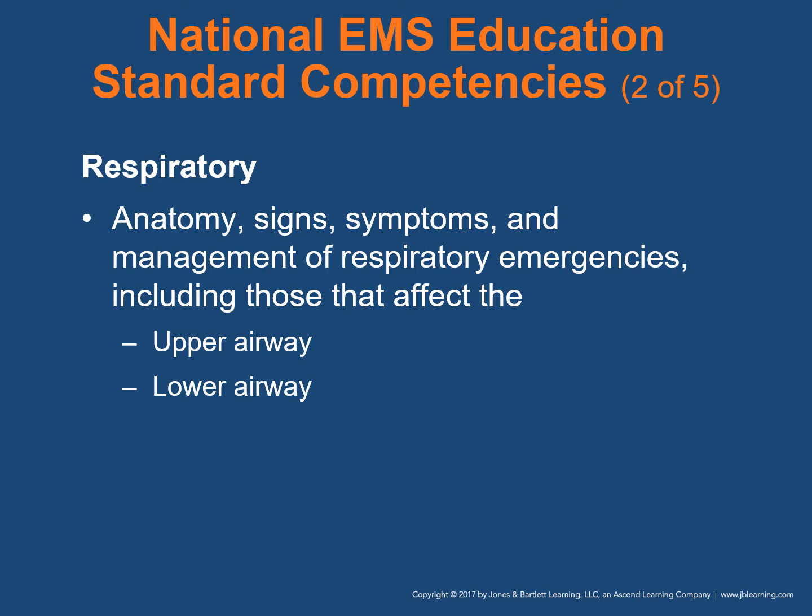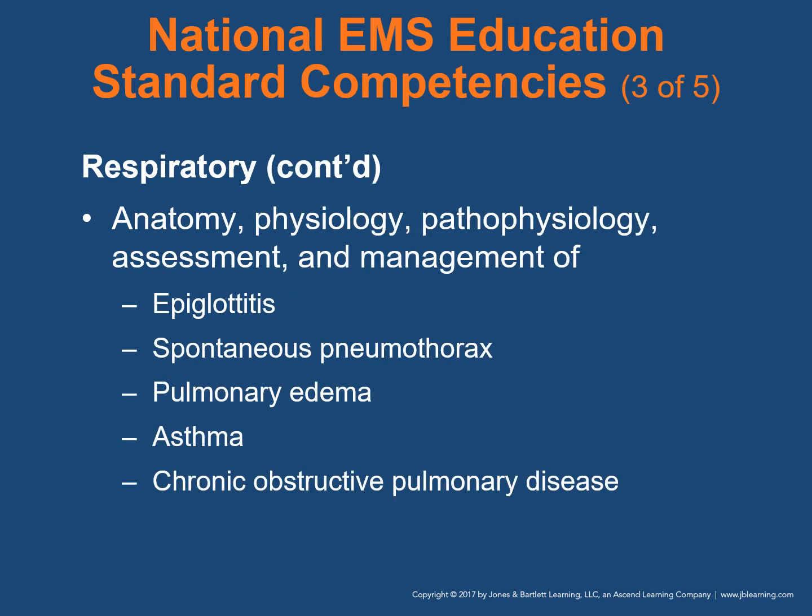We're going to talk about signs and symptoms and how to treat respiratory emergencies. We're also going to talk about some specific conditions and injuries and talk about the pathophysiology and management of those conditions and injuries.